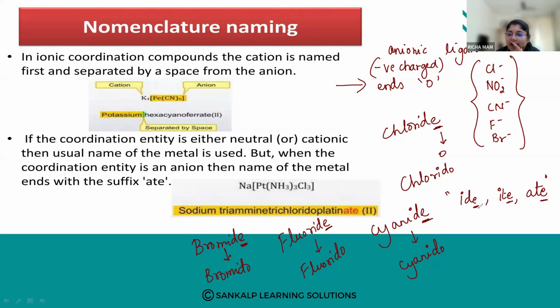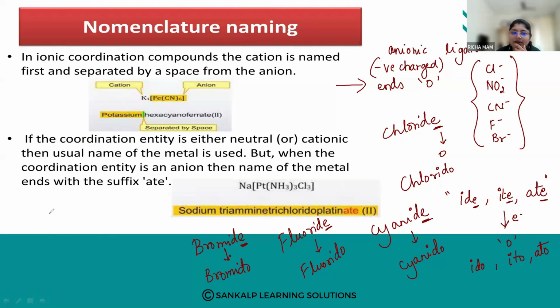So whenever you have IDE, ITE or ATE, only the E is replaced by O, not the full ending. It will give you IDO, ITO or ATO.